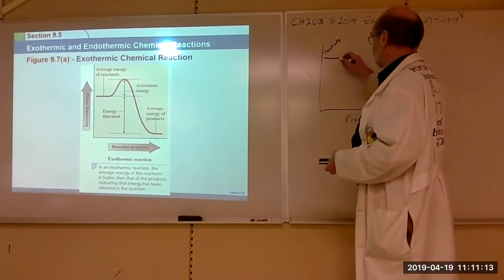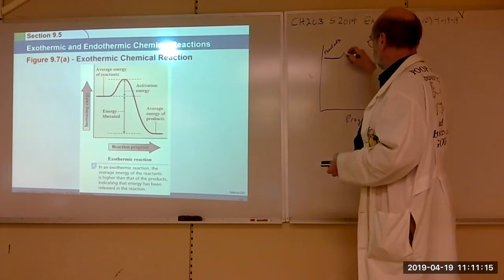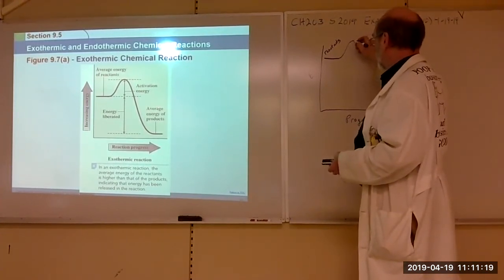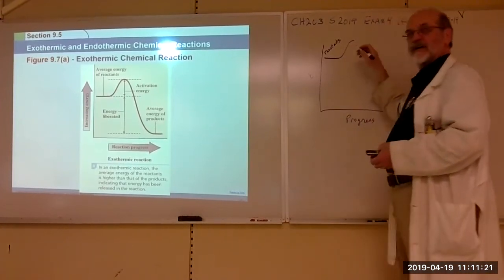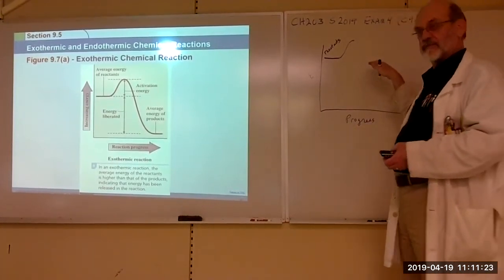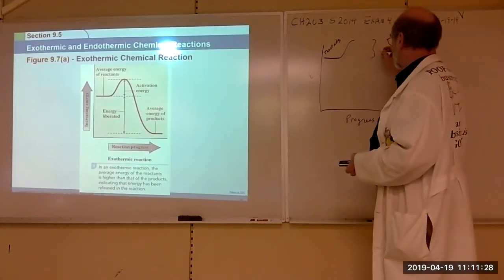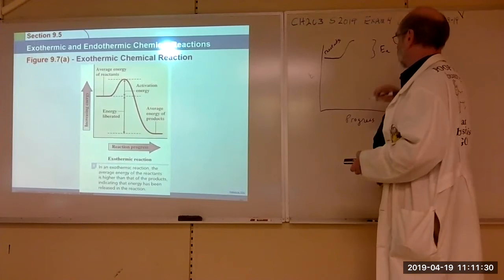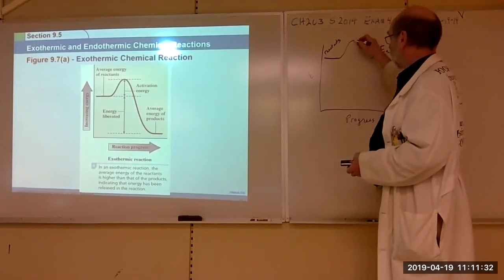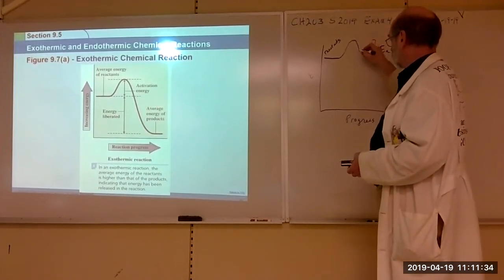If we add energy to that during the progress of the reaction, then we reach a point where we have enough energy to start the reaction. And that difference between here and here is the activation energy. And once you reach that point, the reaction goes on its own.